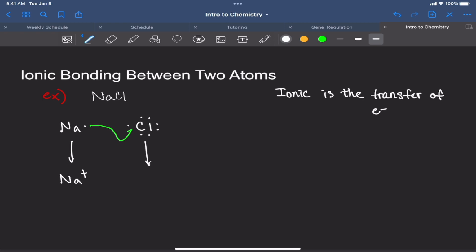And chlorine will now have 8 valence electrons, and it will have 1 more electron than proton. So it'll be minus, right? To calculate charge, you always do number of protons minus number of electrons.